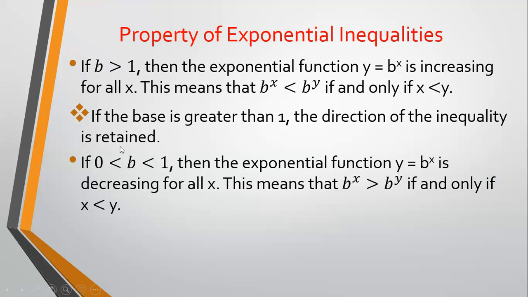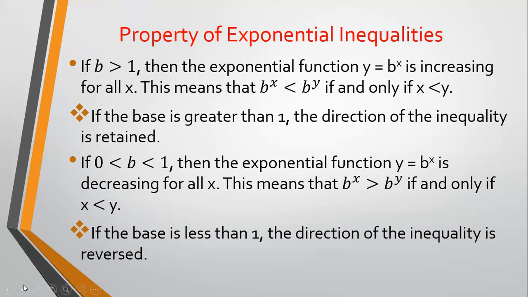Second case, if b is greater than 0 but less than 1, meaning your b is any fraction greater than 0 but less than 1, then the exponential function y equals b raised to x is decreasing for all x. This means that b raised to x is greater than b raised to y if and only if x is less than y. So look at the difference between the two. If b is greater than 1, we have this symbol. If b is greater than 0 but less than 1, then we have the greater than symbol.